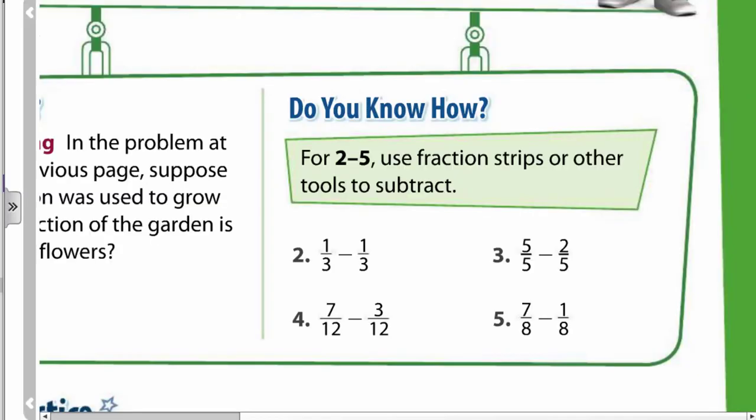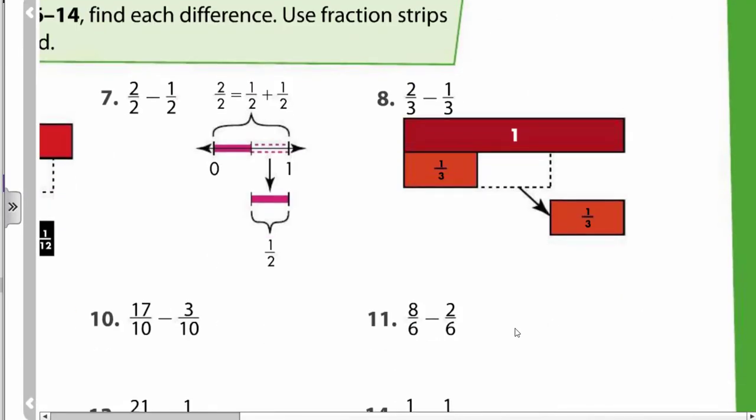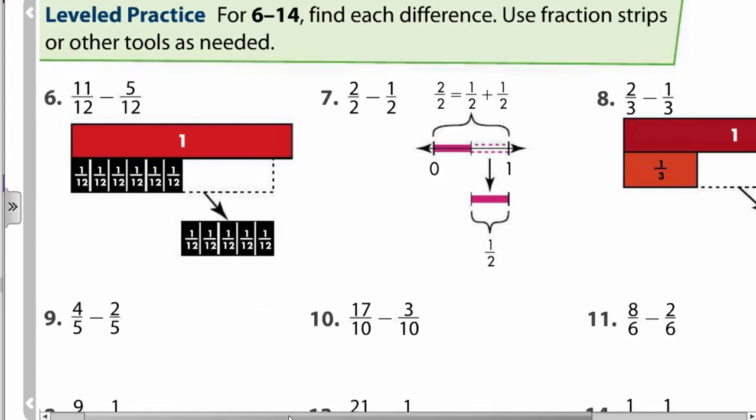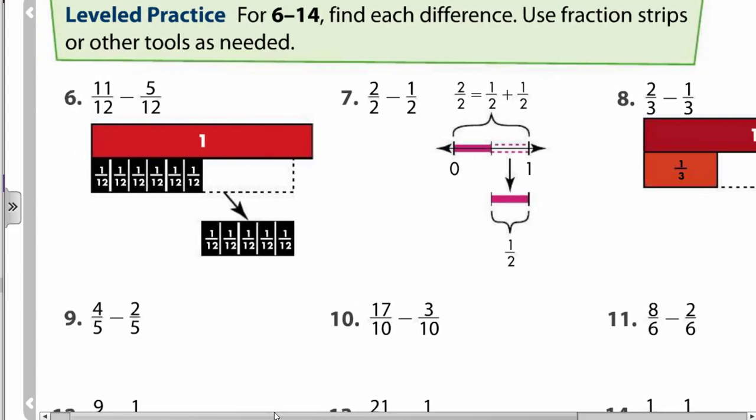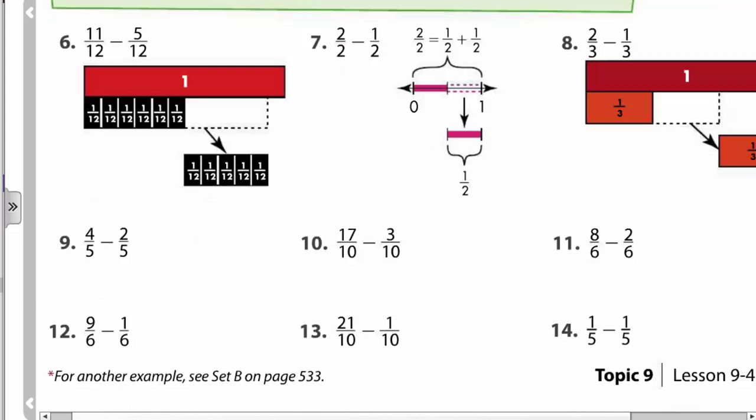Okay, back to the book, my heroes. As you can see here, we have many questions. We can do this the same way. And what we will do now, we will solve questions 6, 9, and 12. Okay, let's go ahead. Khalifa.